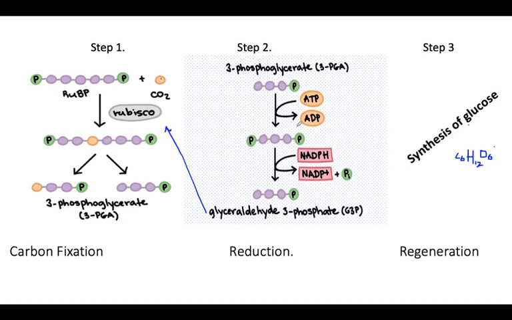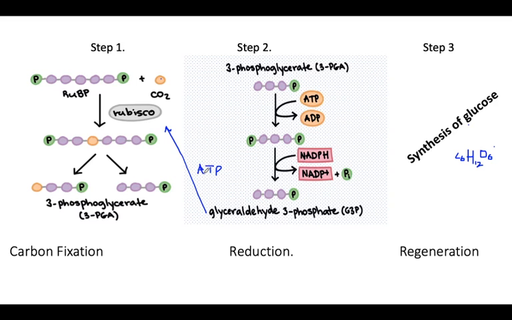Okay, and it's an energy dependent process because it requires ATP to make glyceraldehyde 3-phosphate, and similarly this glyceraldehyde 3-phosphate also requires ATP to convert into a ribulose bisphosphate compound. Okay, that's the simplistic view of what you can call the Calvin cycle.